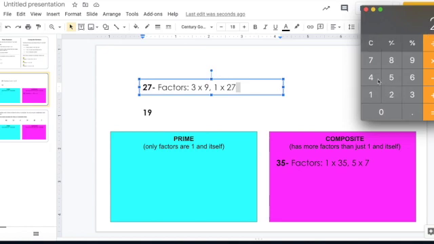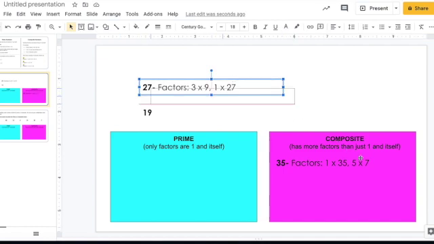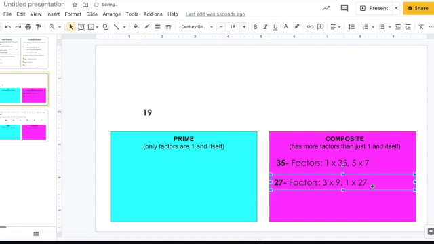So we already have that one. 27 divided by 10, decimal, 27 divided by 11, decimal, 27 divided by 12, another decimal. So I could keep going, but I can see that 3, 9, 1, and 27 are all factors of 27. So that means that this is another composite number. It has more factors than just 1 and itself.